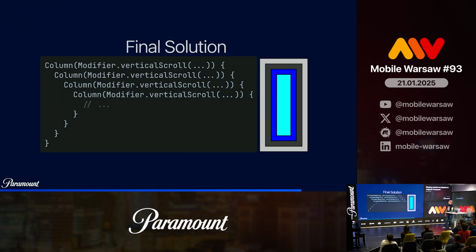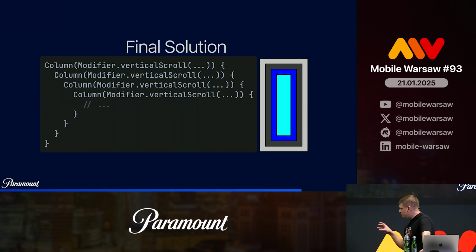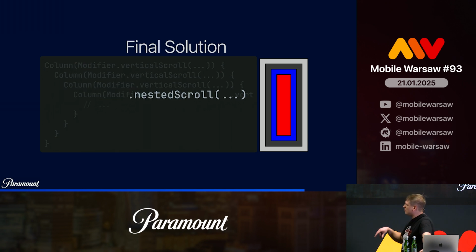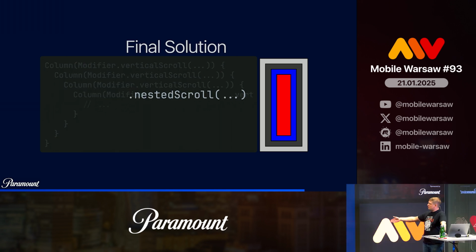Also, the important thing about nested scroll is its visibility. Let's say that we have 4 nested columns inside of each other. They are all scrollable. They all have fixed height. If we apply the nested scroll modifier to the innermost one, we're going to get informed about the scroll events happening to this red part, so the innermost column.